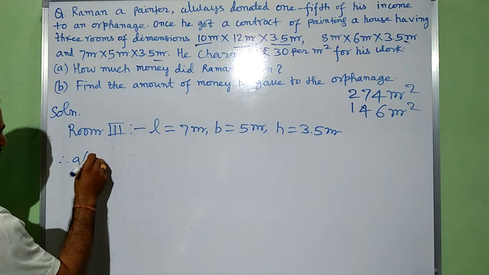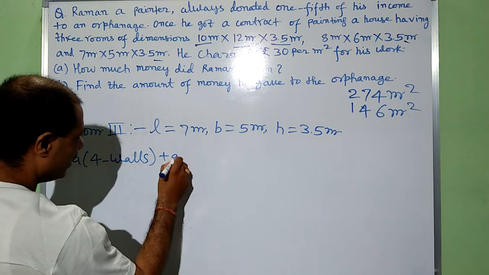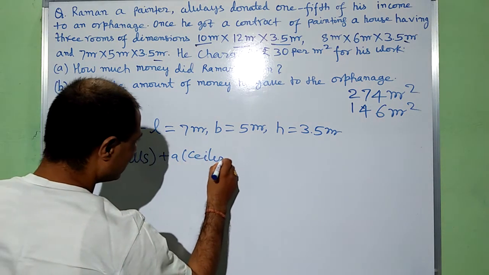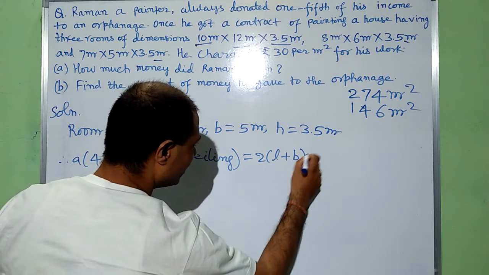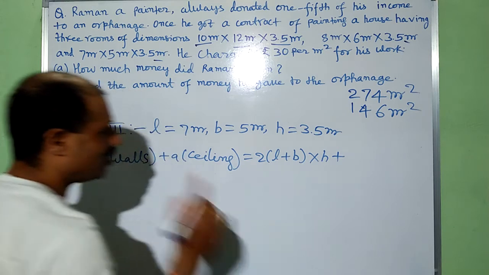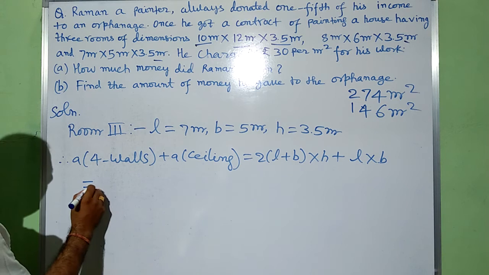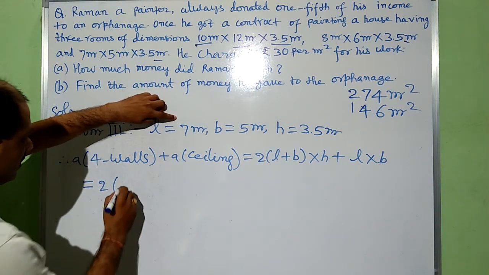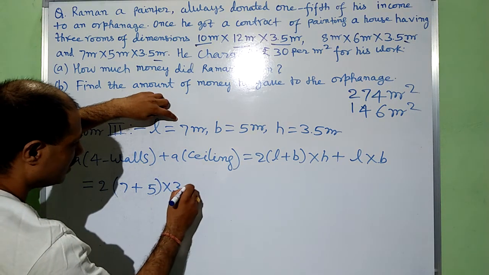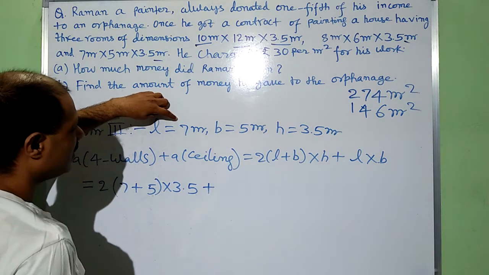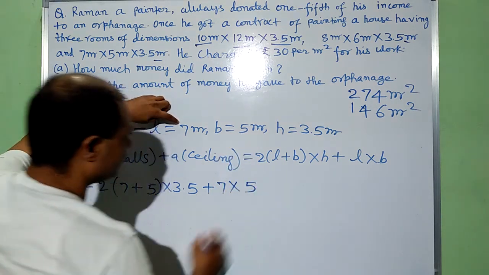Hence, area of all the 4 walls plus area of ceiling will be 2 into L plus B into H plus area of ceiling, that is L into B. It will be 2 into L, 7 plus 5, into 3.5, plus L into B, 7 into 5.